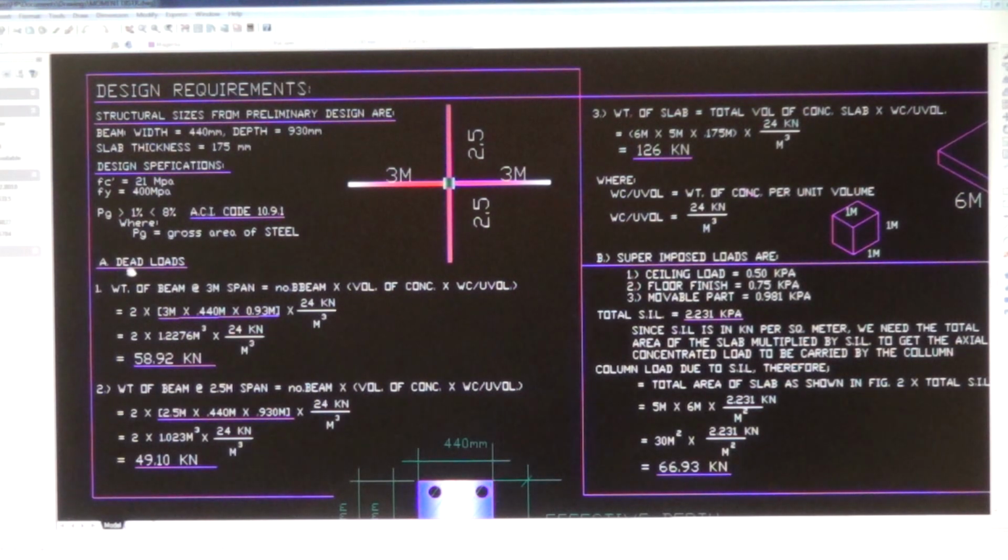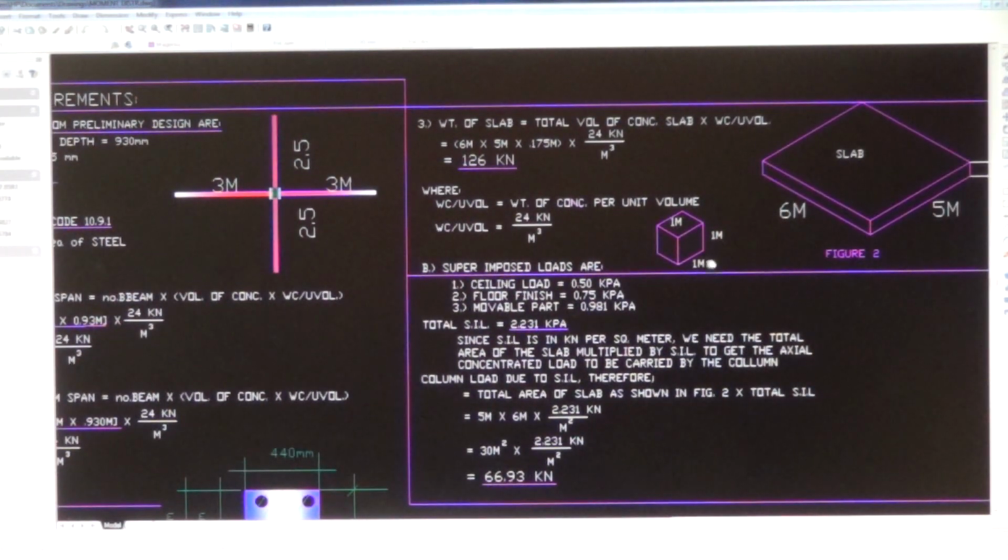Okay, let's go to dead loads. Number 1, weight of beam at 3 meter span. The formula is equal to number of beams multiplied by the volume of concrete times the weight of concrete per unit volume. The weight of concrete per unit volume is 24 kilonewton per cubic meter.